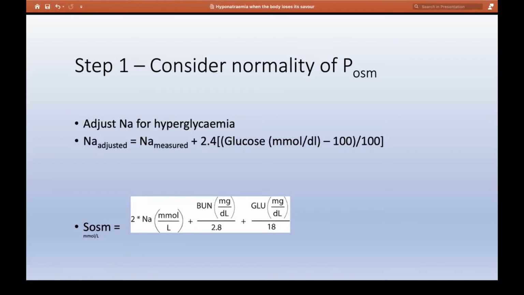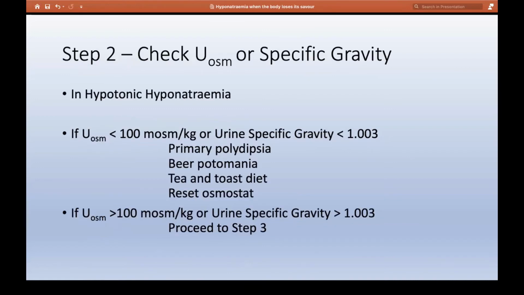Also, you can calculate the true osmolality by using the equation that we learned in the first term in medical college: adding twice the sodium, adding the blood urea nitrogen with a correcting factor, and adding glucose to it. All these are in downloadable calculators. You just have to substitute the values.